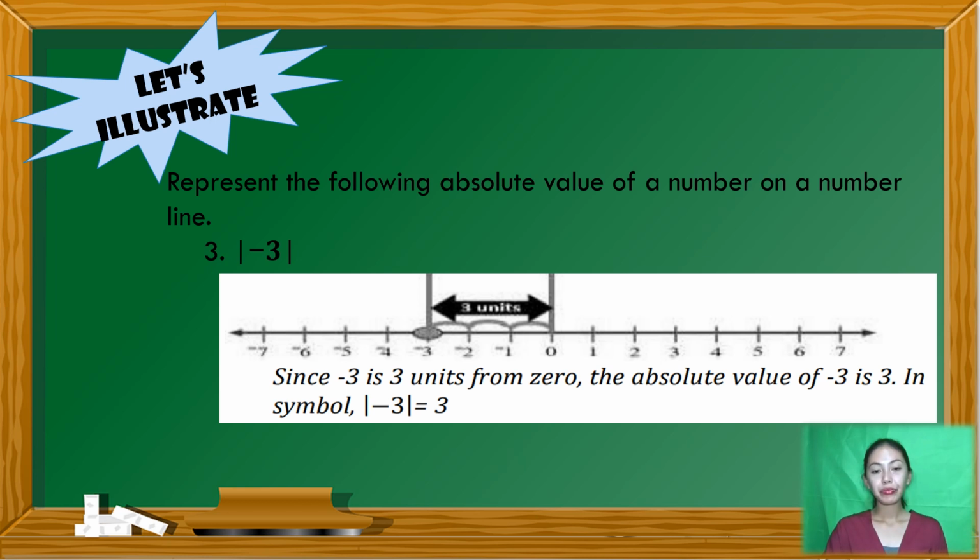Again, we find the distance from 0 to negative 3. This is our 0 and this is our negative 3. Count 1, 2, and 3. So the absolute value is positive 3.